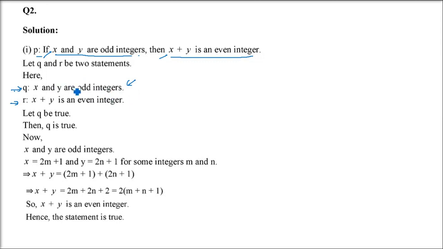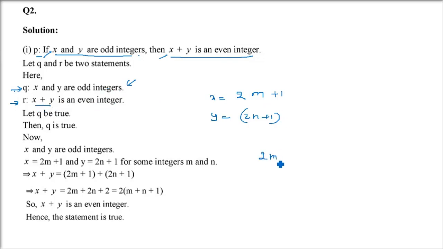x and y are odd integers. If it is true, what does it mean? First we make the number even by multiplying it by 2, and then we purposefully add 1 to make it odd. 2n plus 1 is odd. So x is this, and y also you can take as 2m plus 1. Now let us see if x plus y is an even integer or not.